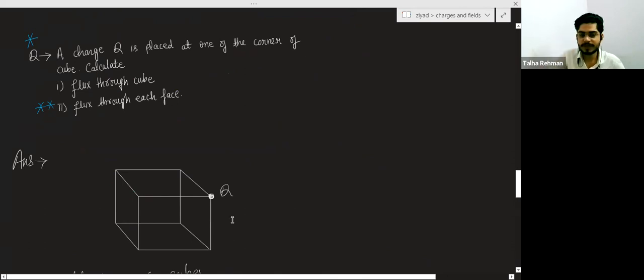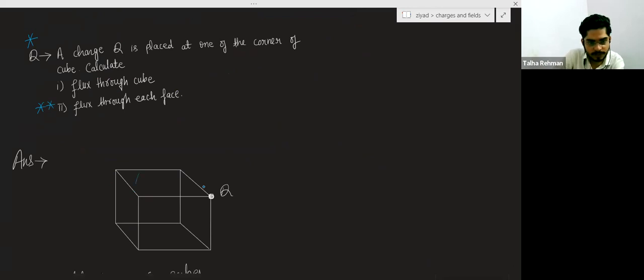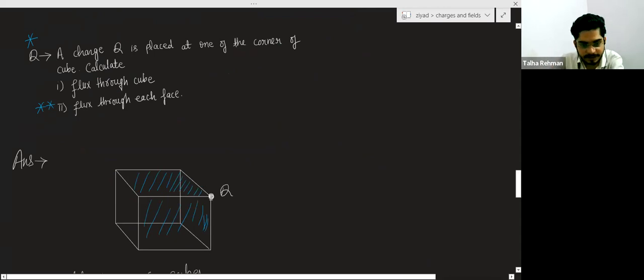This charge will not contribute flux through this face and this face, meaning the faces which are adjacent to it. Here is a charge, and this charge will not contribute to those.